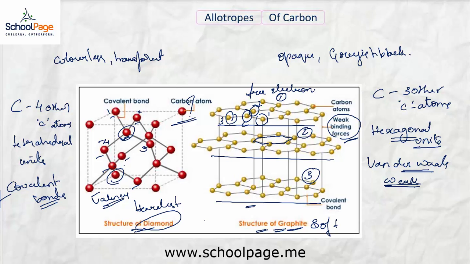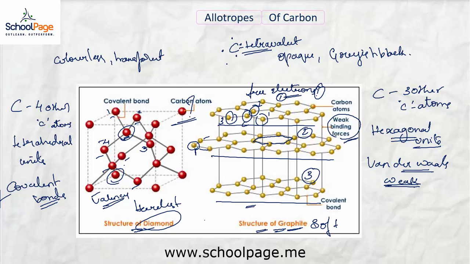Now, where do these free electrons come from? There are only three bonds formed by carbon atoms in case of graphite. And there is one more valency to be satisfied. Recall that carbon is tetravalent. Yes, it is tetravalent. So it has 4 electrons.